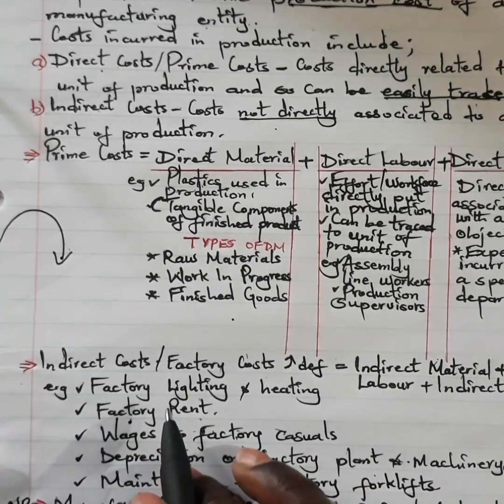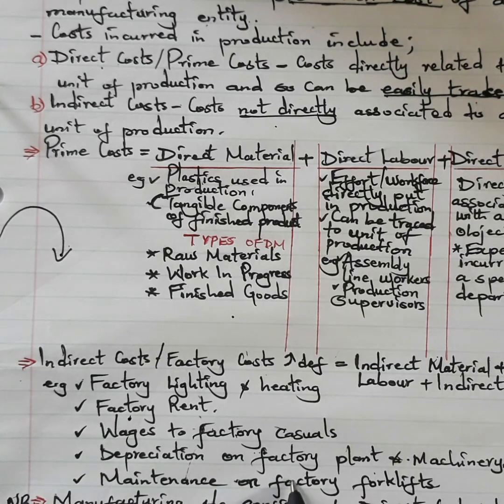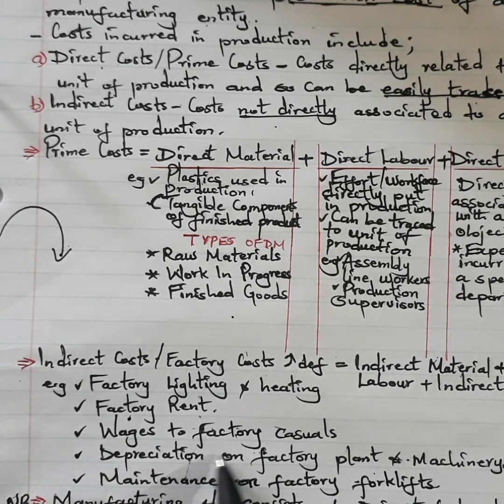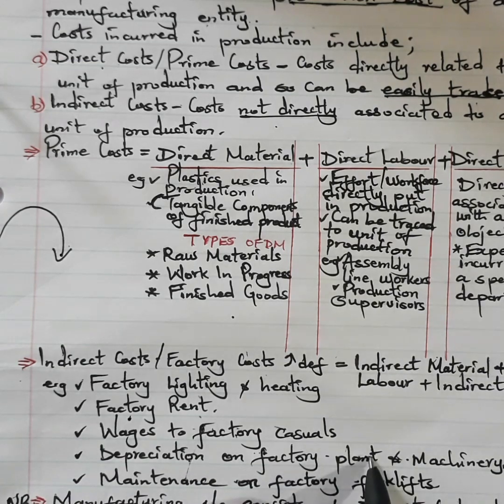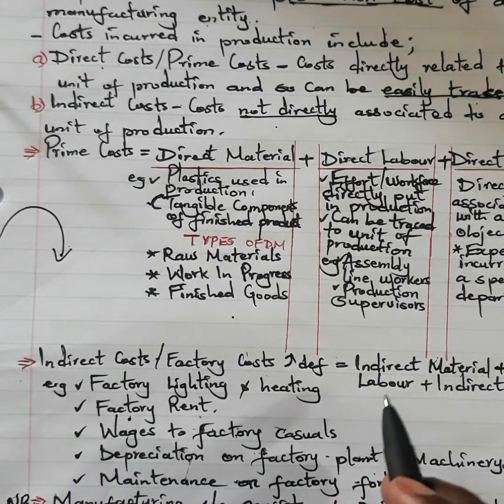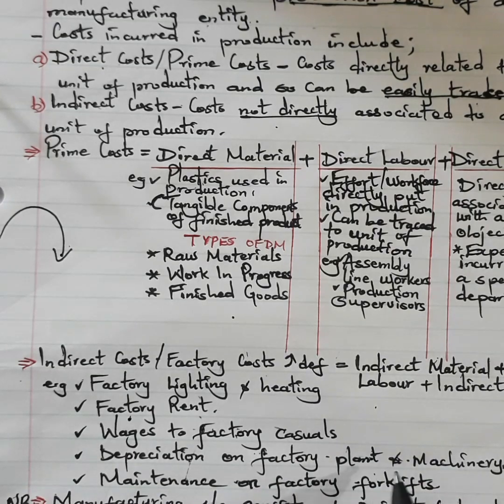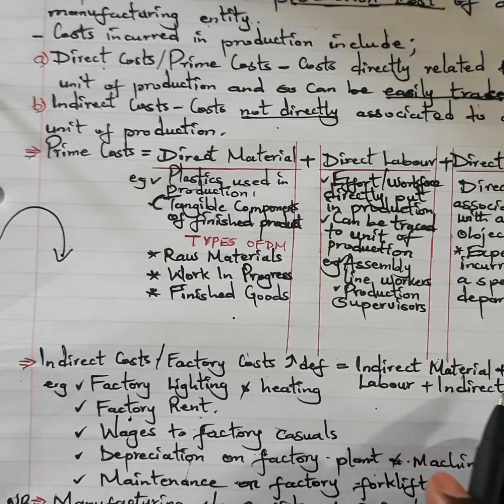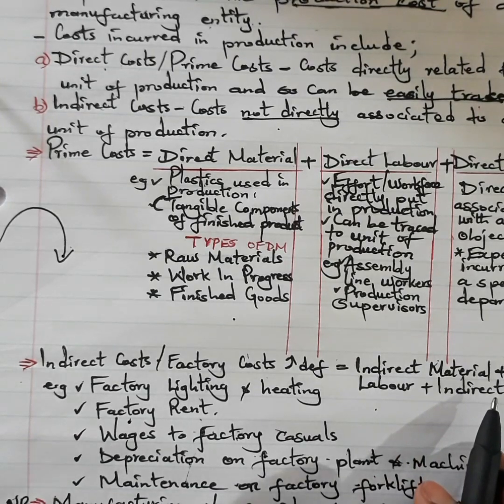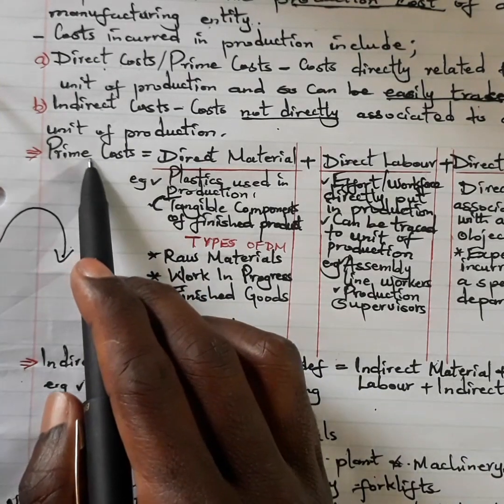Of course, we have so many examples like maintenance of factory forklifts and all that. Depreciation on factory plant and machines: we don't know actually which items led to the loss of value for this particular asset of the business.